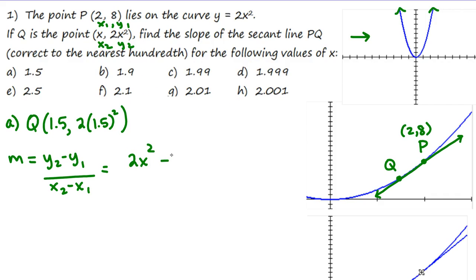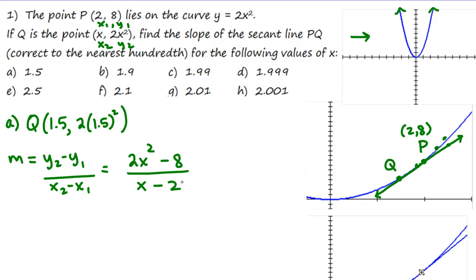Minus y1. y1 is always going to be 8 because every time we change Q, we leave P the same. P is always going to be (2, 8) for this entire problem. We're just going to make Q closer and closer to it, and on the other side, closer and closer, etc. On the bottom, x2 is just x, minus x1, which is 2.